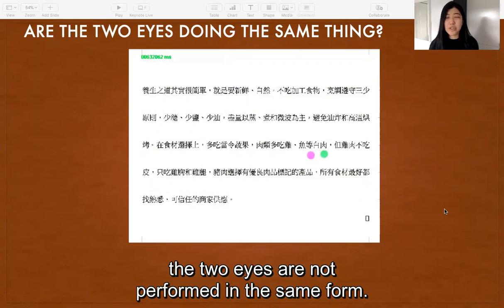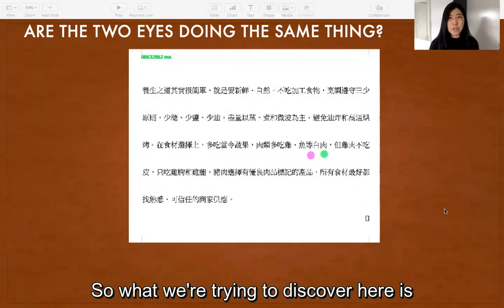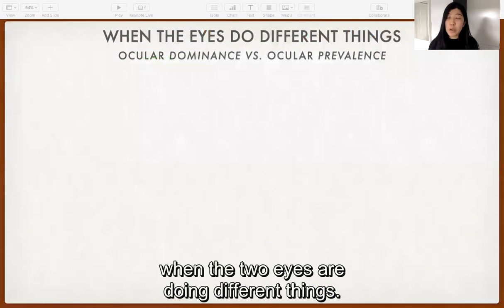Okay, as you can see, the two eyes do not perform in the same way. So what we're trying to discover here is when the two eyes are doing different things.